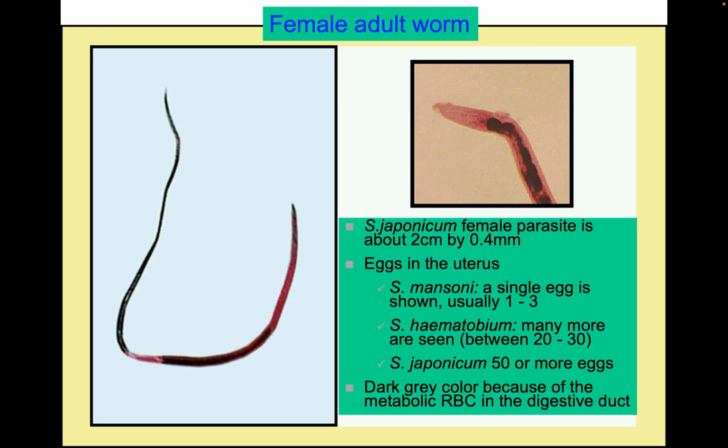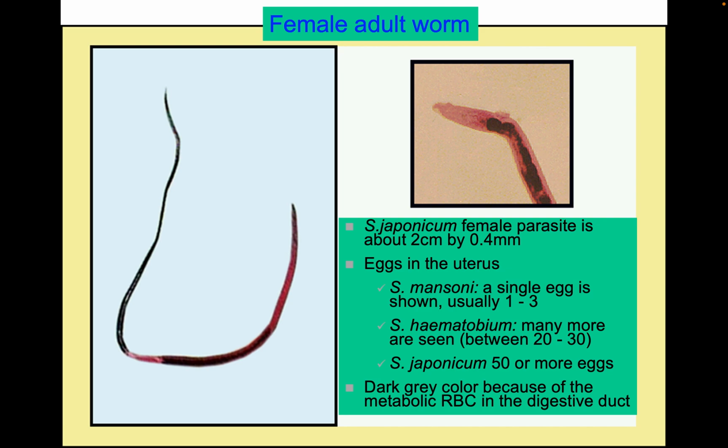This picture is showing the female adult worm, and they are 2 centimeters long by 0.4 millimeter. And the eggs, you can see the colors are getting darker, and there are eggs in the uterus, and you can see they have varied numbers of eggs inside.